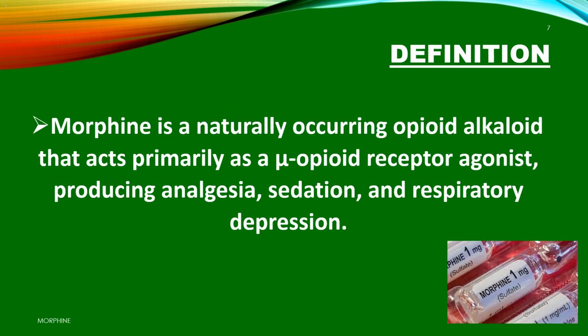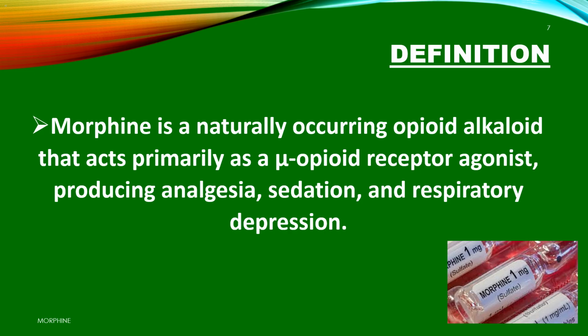Definition of morphine. Morphine is a naturally occurring opioid alkaloid that acts primarily as a mu-opioid receptor agonist, producing analgesia, sedation, and respiratory depression. 1. Morphine is a naturally occurring opioid alkaloid, meaning it is derived from the natural opium poppy. 2.